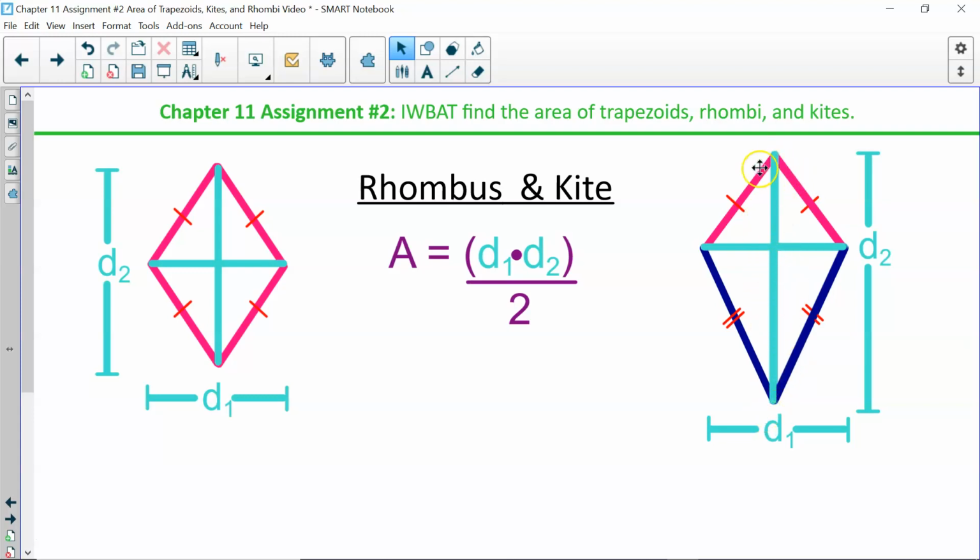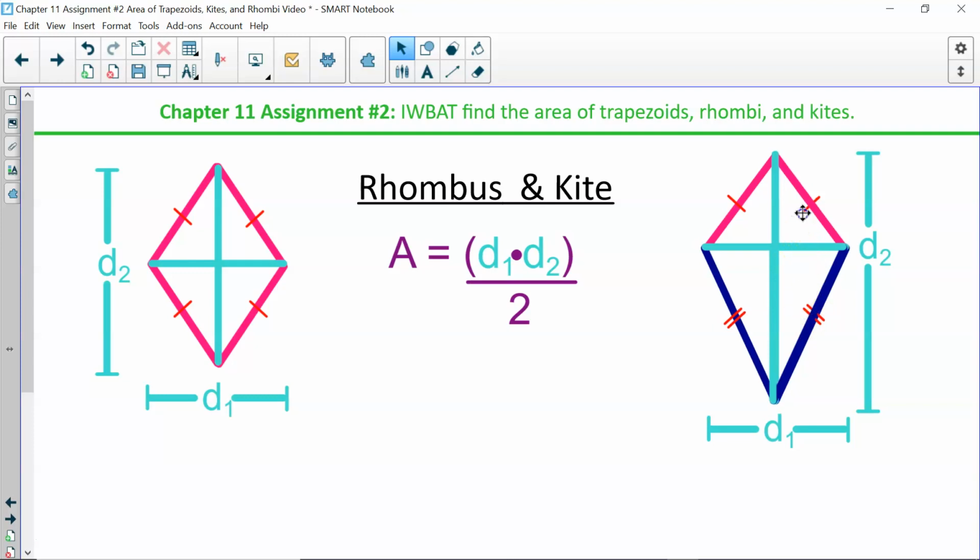So notice that this vertical, the longer of the two diagonals, divides this kite into 2 equal parts. So if I divide it in half, that right half consists of a smaller triangle on the top and a larger triangle on the bottom.